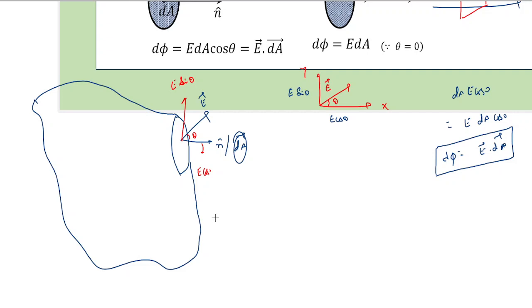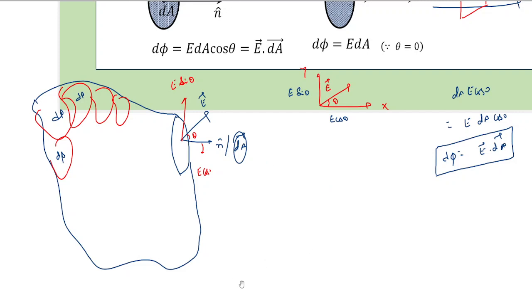I want to find the flux of the entire object. So in that case, what we do is we divide this whole area into small regions, and then we find the flux for all small regions. I find the flux for this region, and this. So we find the flux for all the regions.